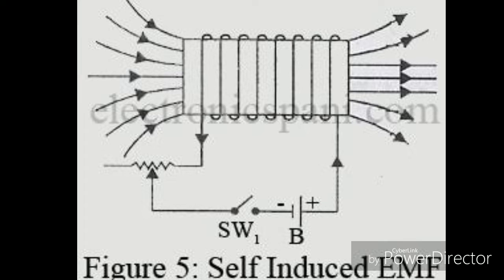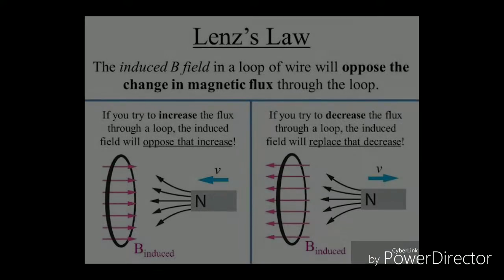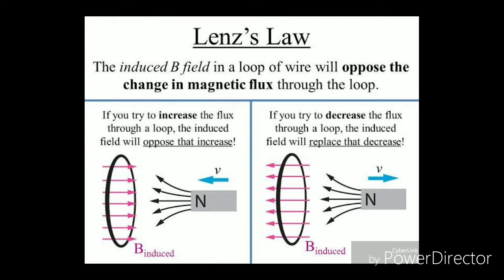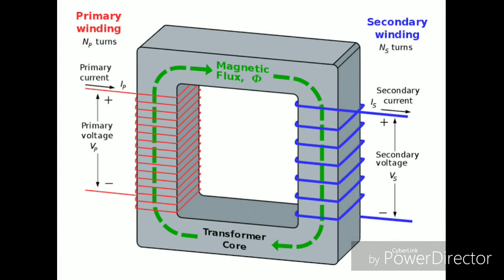But according to Lenz's law, the primary induced EMF opposes the applied voltage. So the primary induced EMF is almost the same in magnitude as the applied voltage, but opposite in direction. Now in the secondary winding, the induced EMF E2 is produced. You should see this in the picture.